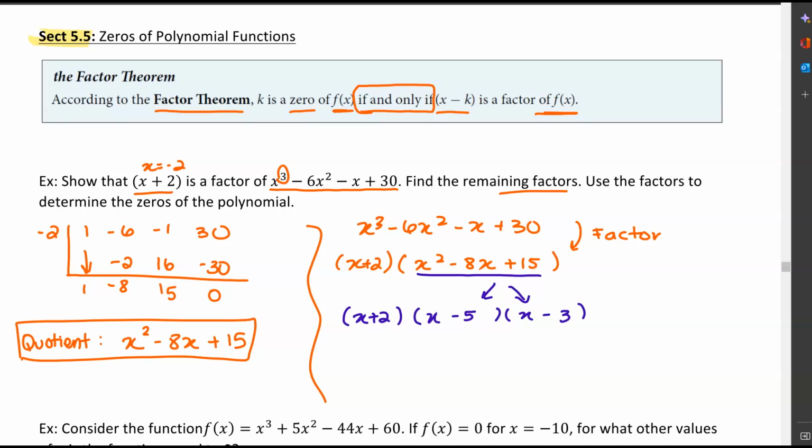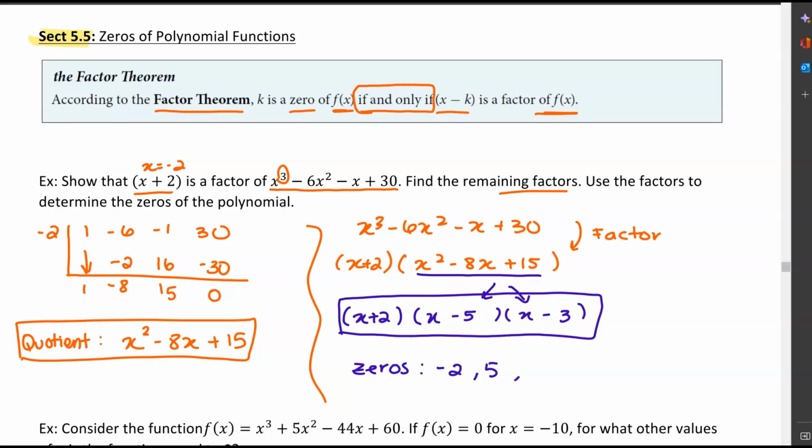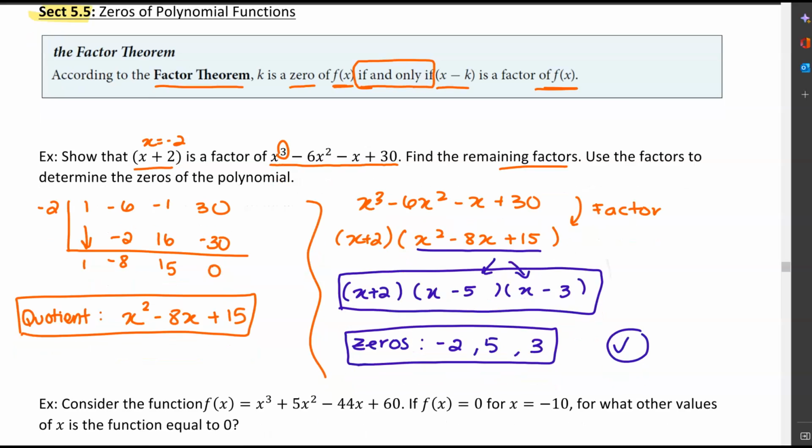So now we see that these are our three factors, which tells us that our zeros are going to be x plus 2 equal to 0, which is negative 2, positive 5, and positive 3. And that's it.